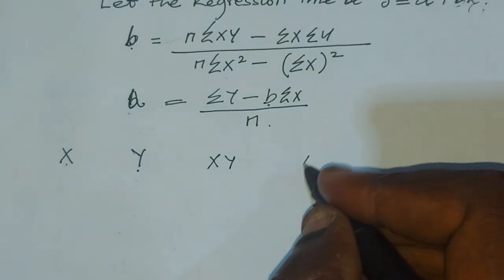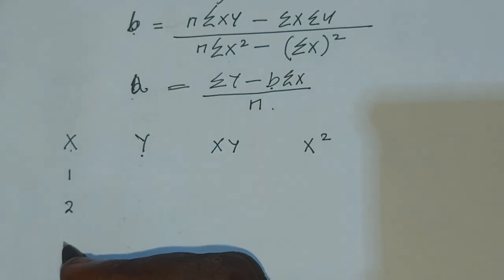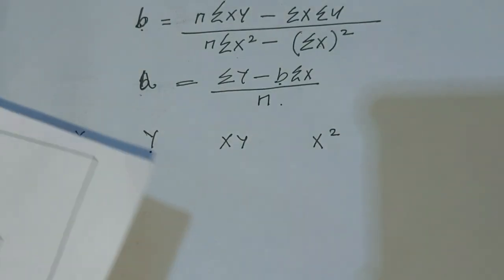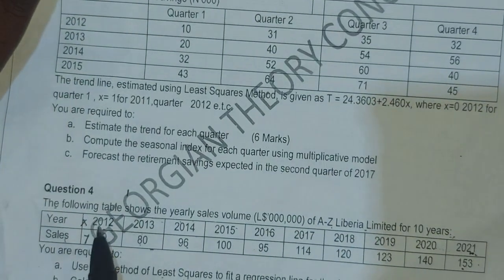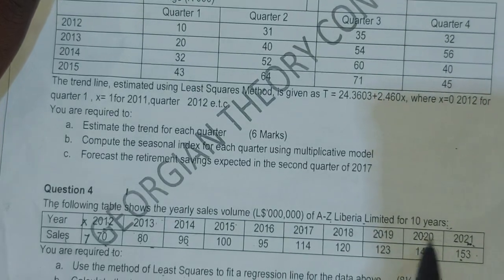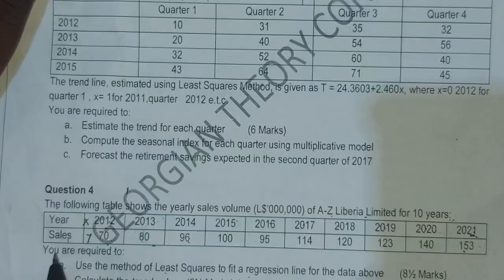So you have your x squared. If you look at the question, you represent the years as 1, 2, 3, 4, 5, 6, 7, 8, 9, and 10.